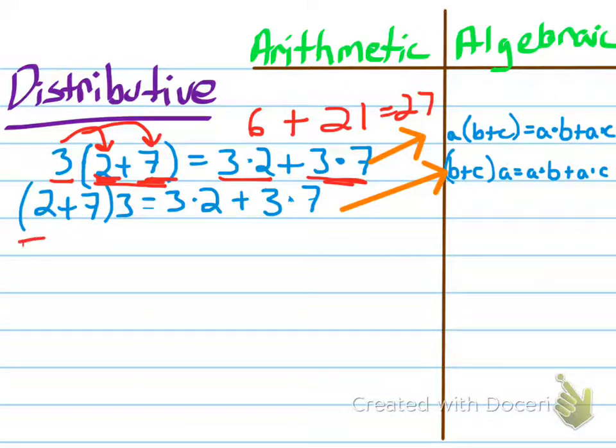Now here, you see it the same way. You've got (2 plus 7) times 3. It doesn't matter if the 3 is at the back. If it's against the parentheses, you can distribute it to the 2 and to the 7. Everything on the inside must be multiplied by that 3. And here's the algebraic.